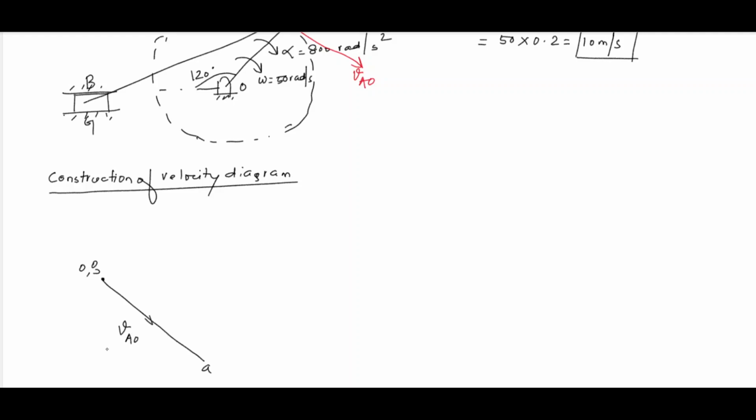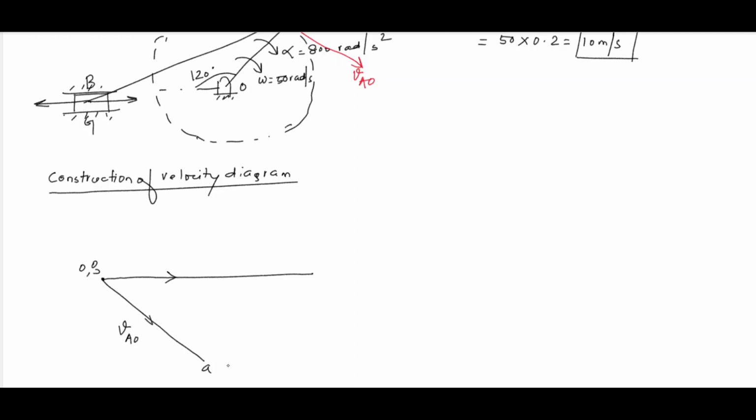Clear? First step. Second step, we know that the slider is only moving in the horizontal direction, to and fro, isn't it? So to represent its velocity, draw a horizontal line, only direction, we don't know the magnitude.